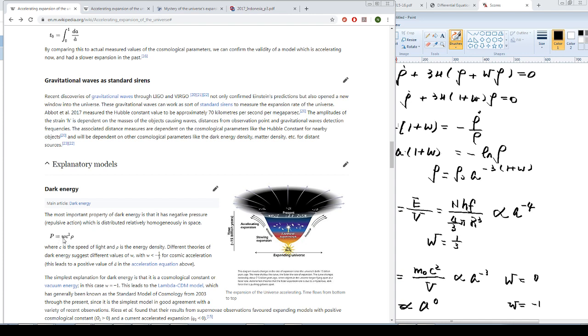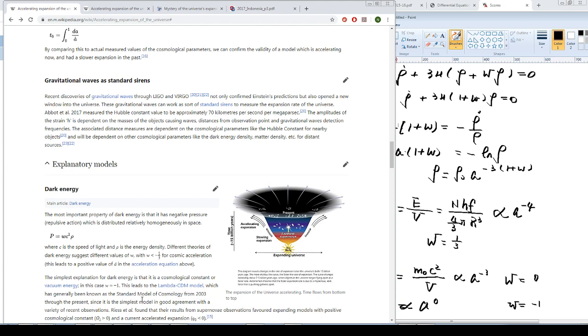Dark energy is rho c w squared. w less than 1/3 for cosmic acceleration. This leads to a positive value a double dot. Constant energy density.